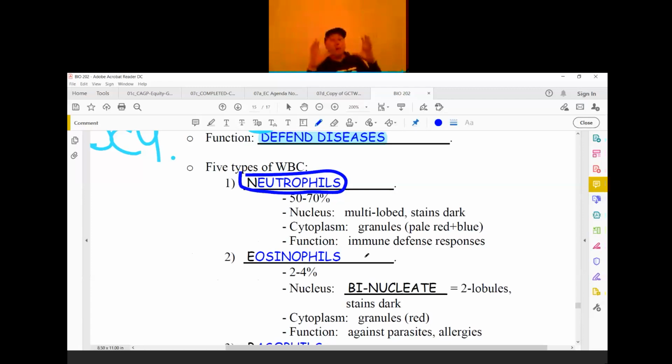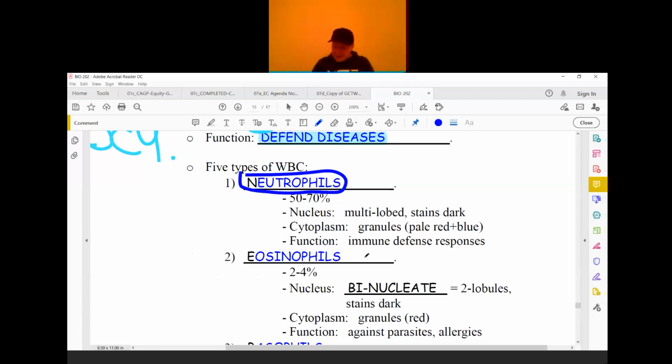The cytoplasm of the neutrophil is going to be full of these little dots, granules. What neutrophils do, they protect you against various different kinds of immune issues. So they have a protective role in that.